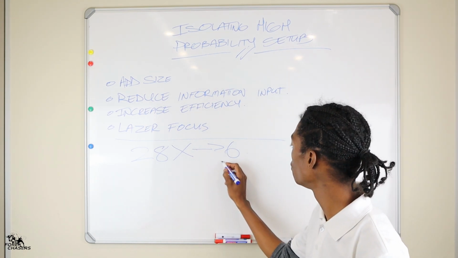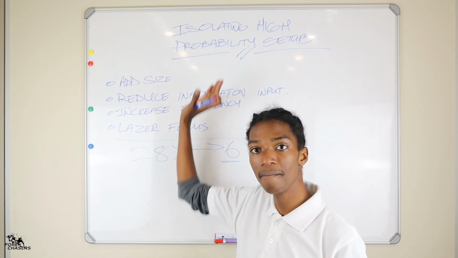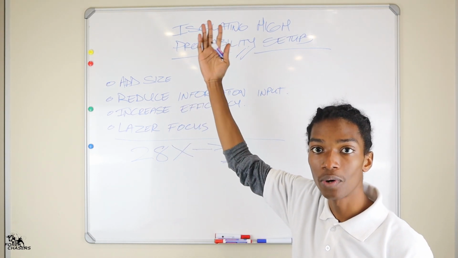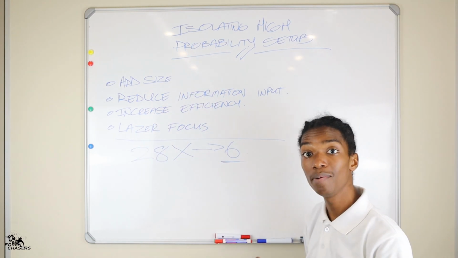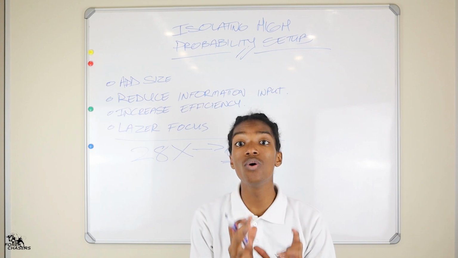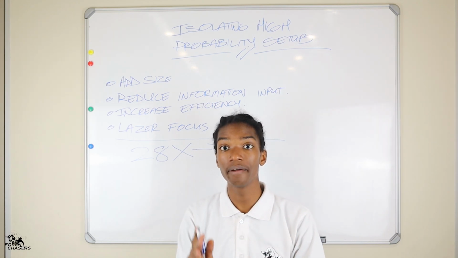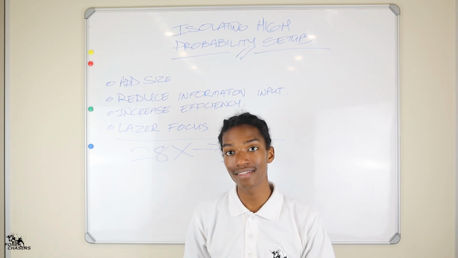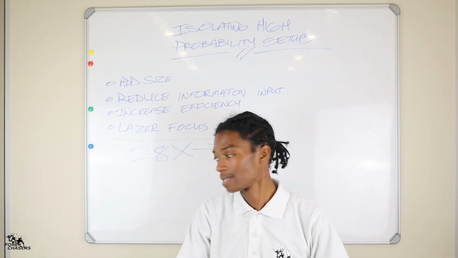I wanted to make sure that I find out where those high probability setups are. Once I have them, these 6 pairs are the only pairs that I am looking at for that trading week. Why? Because I've already done my analysis and I've already isolated my high probability setups.